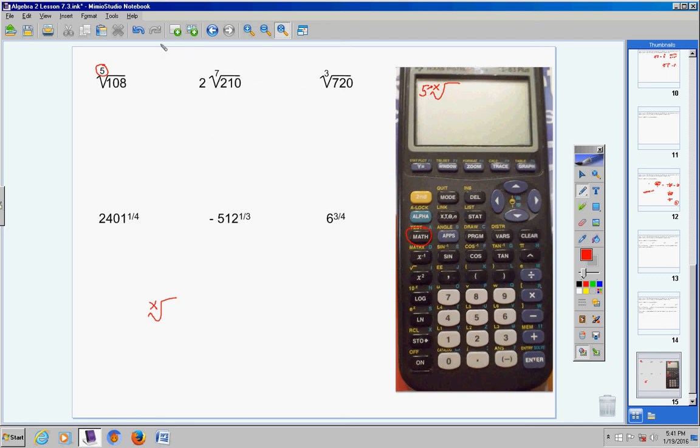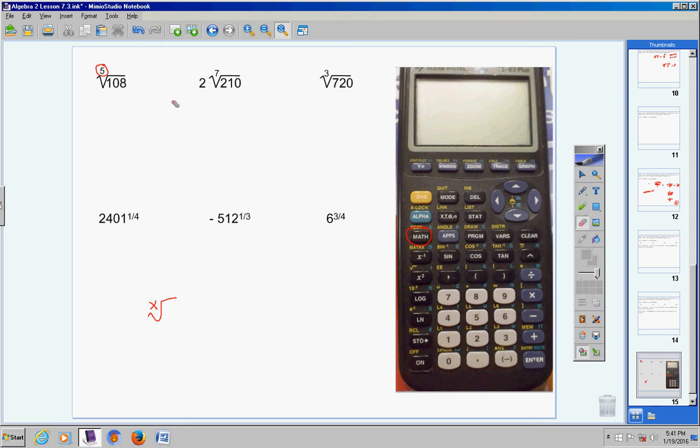So you type your 5 first, and then you go to math, option 5, and this pops up. Then type 108. Okay? So the fifth root of 108 is 2.5508. So hit enter, and this will pop up 2.5508. Okay? Play around with this, make sure you know how to do that, okay?